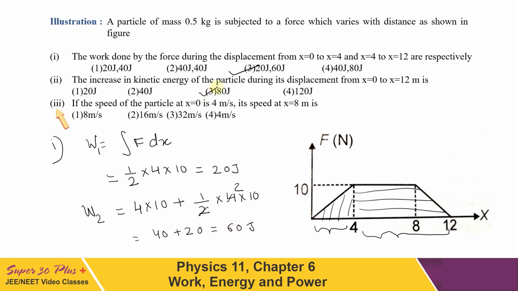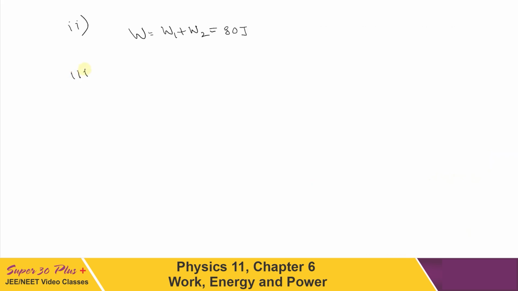The third part is: if the speed of the particle at x equal to 0 is 4 meter per second, what is its speed at x equal to 8 meter? Now we have to consider the interval from 0 to 8. So let us write the work done. For 0 to 8, again we write the area from 0 to 8.